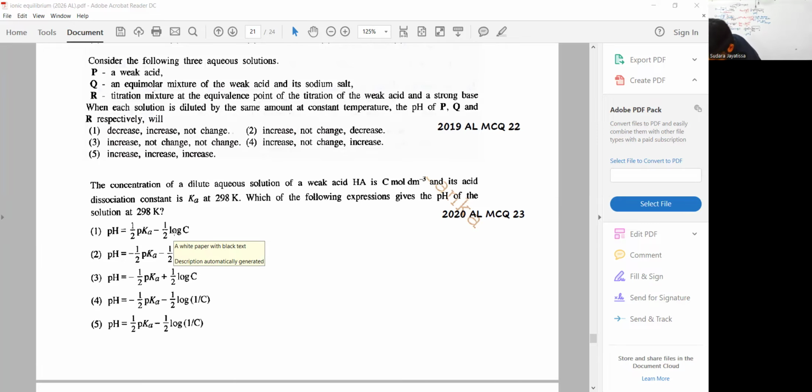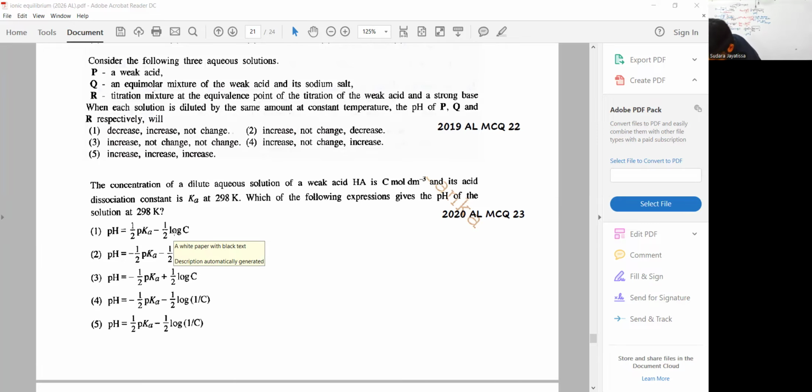Then minus log Ka, and this one becomes an addition, and minus log C, with half. Understood?